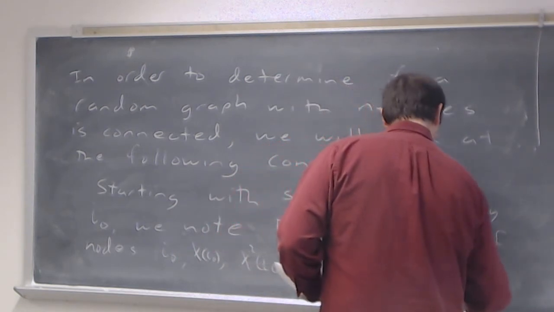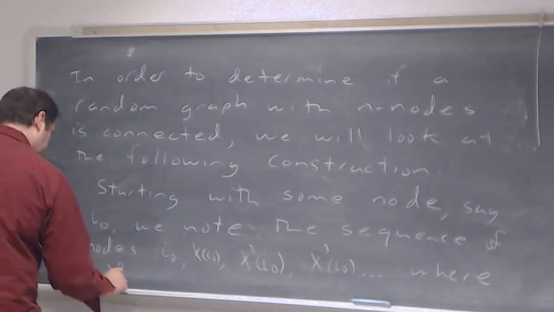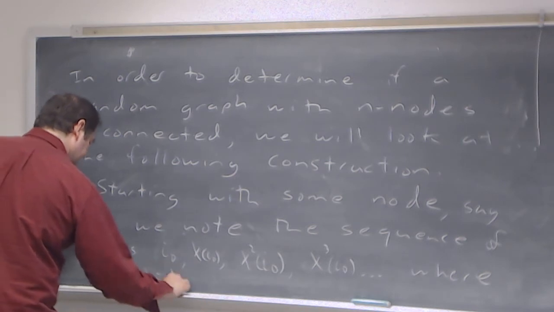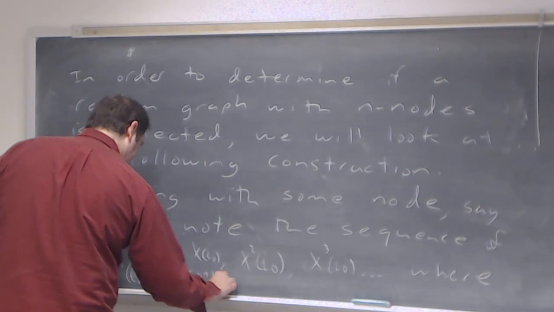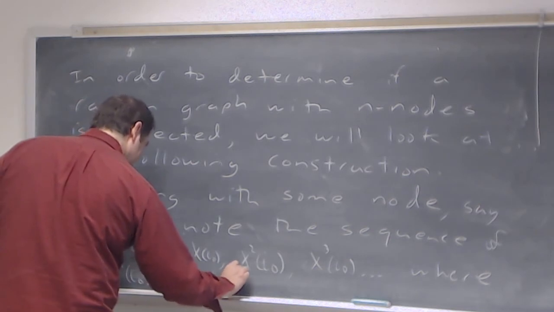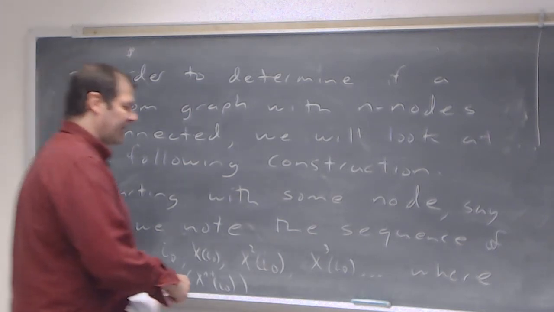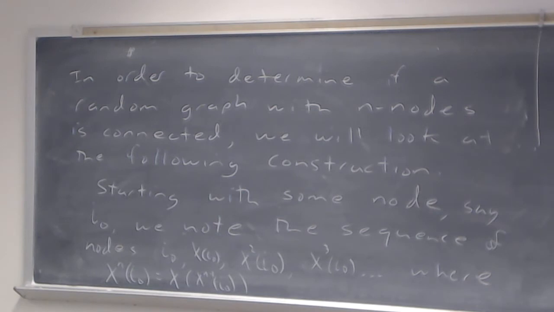Where we'll say x superscript n of I naught is equal to x acting on x of n minus 1 acting on I naught. Okay, so we're going to define a random variable based on this type of sequence of nodes.